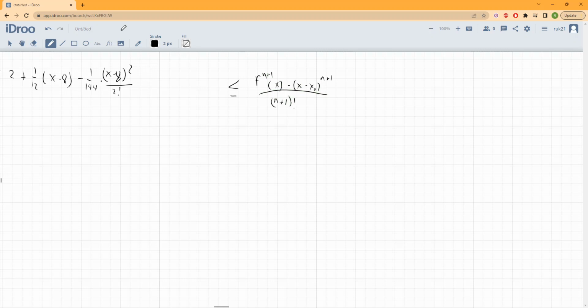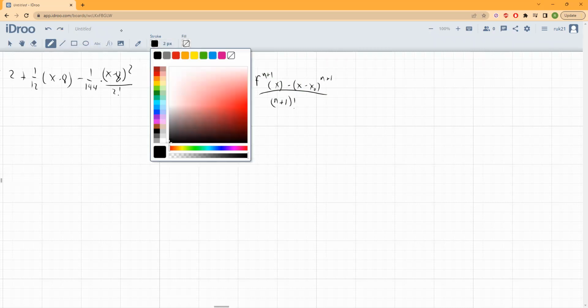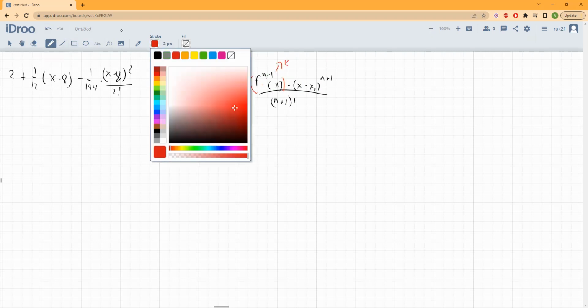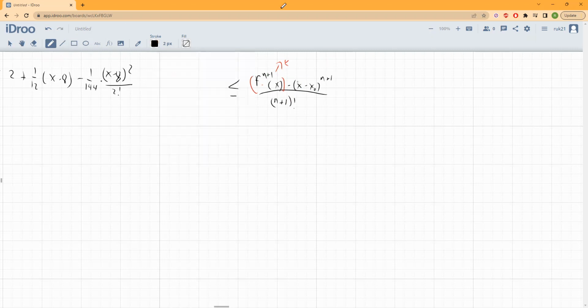Sometimes this part, the n plus 1 derivative of our f, is also referred to as K. What's important to notice is that all of this is in absolute value signs, which can be useful later on. And this is also an absolute value.